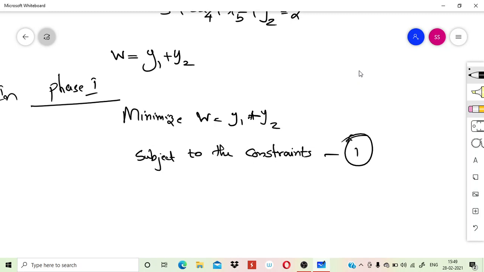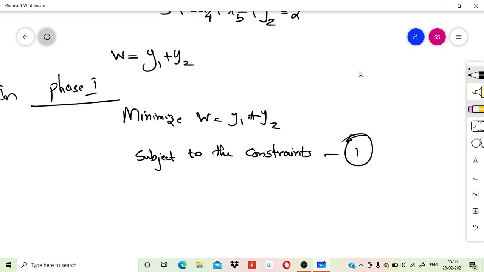In standard form, we will write all our equations like this.